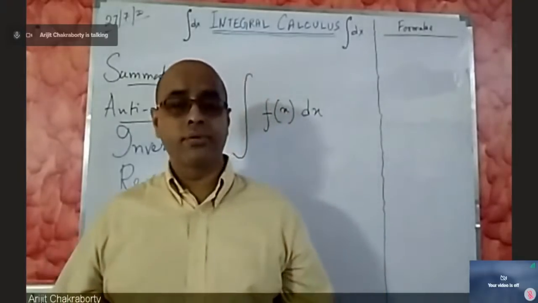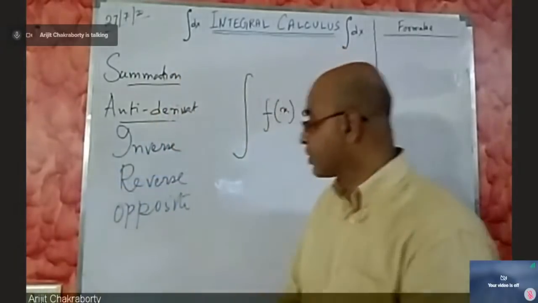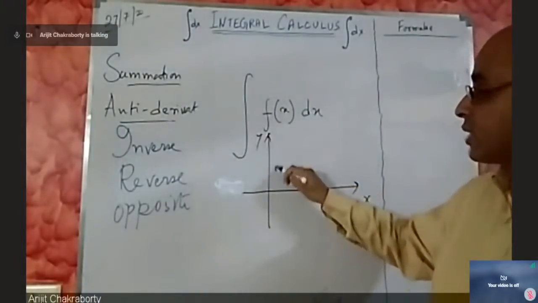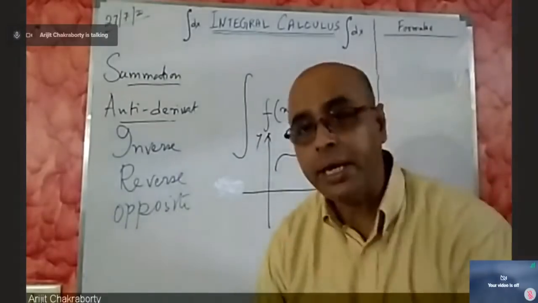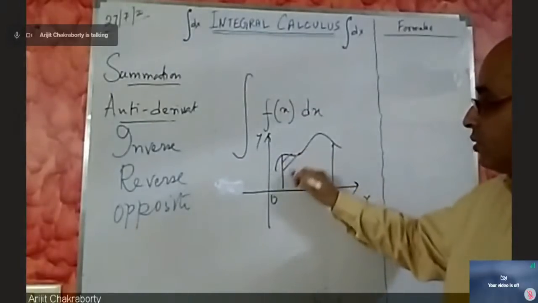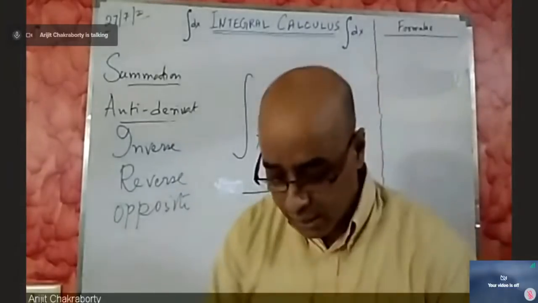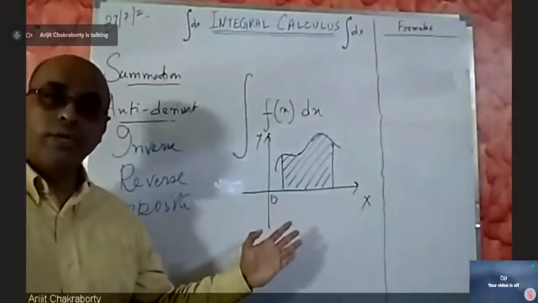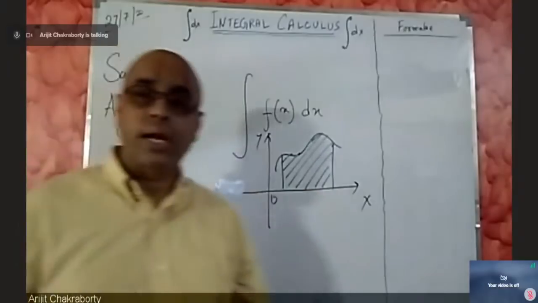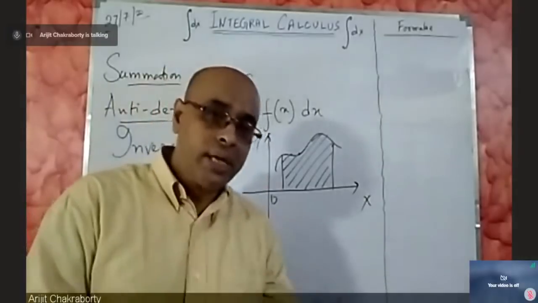And of course, in geometry, when we want to find the area of a curve, for example, in definite integration, say we have x-axis, y-axis, and there is a curve like this. So this is 0. If you want to find the area of the curve, I am showing it by the shaded portion. Yes, we use integral calculus, and this concept is important for us because we have a portion in our syllabus called definite integration.